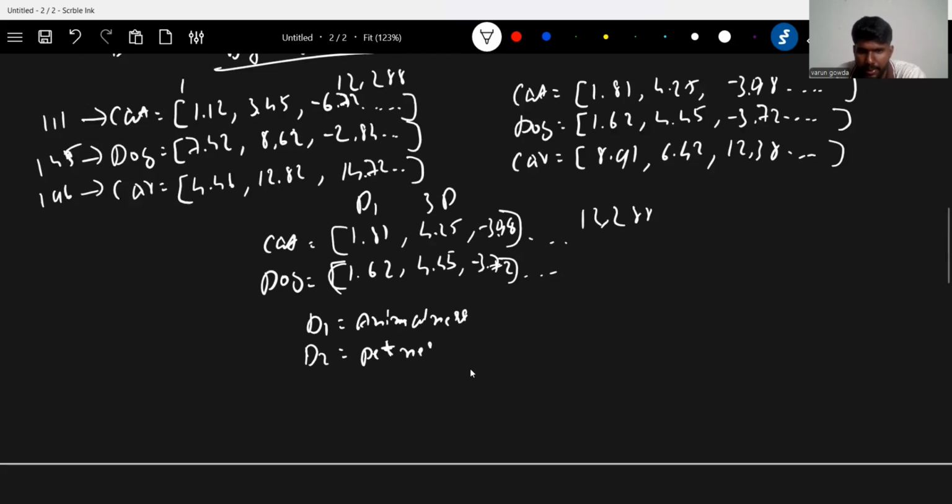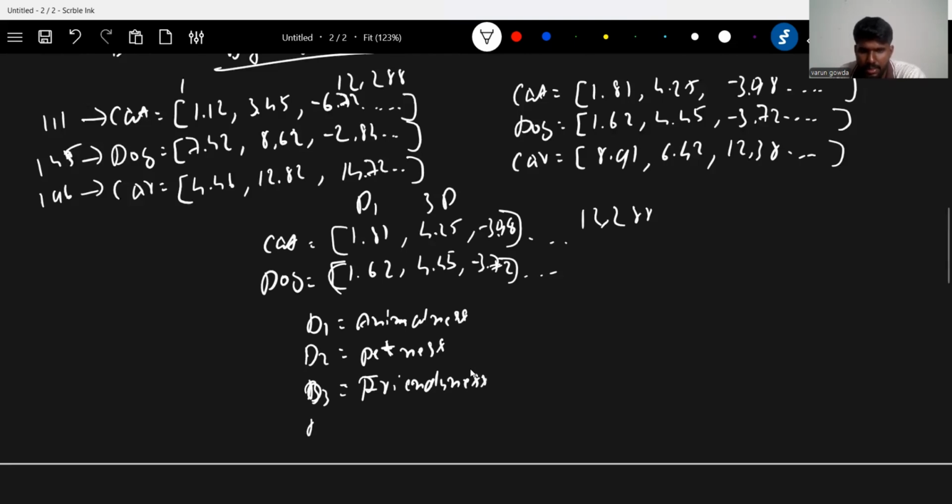It might have learned about petness. This dimension 3 might learn something like, I'm just making these assumptions. No one knows how these embeddings got updated and what exactly these dimensions in each embedding represent, but if you want to assume, you can assume it like this. This dimension 3 might represent something like friendliness.